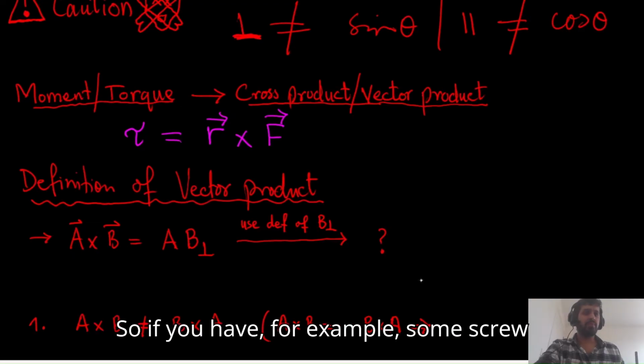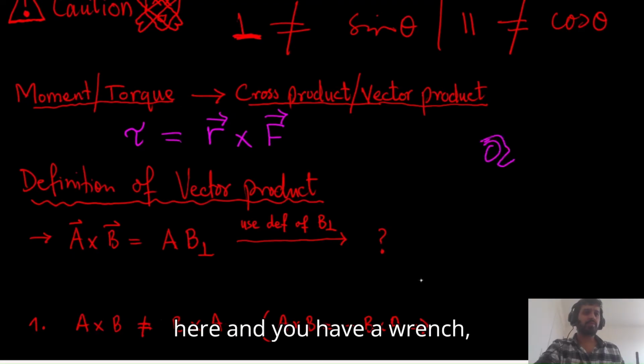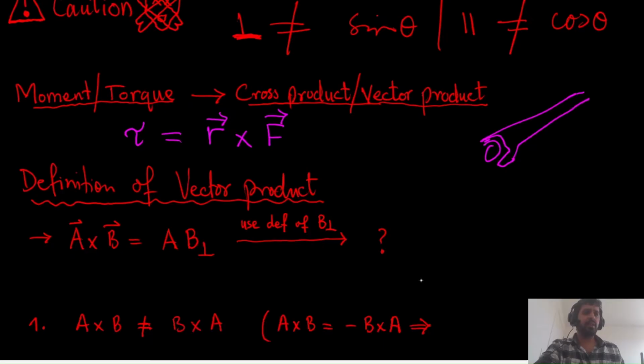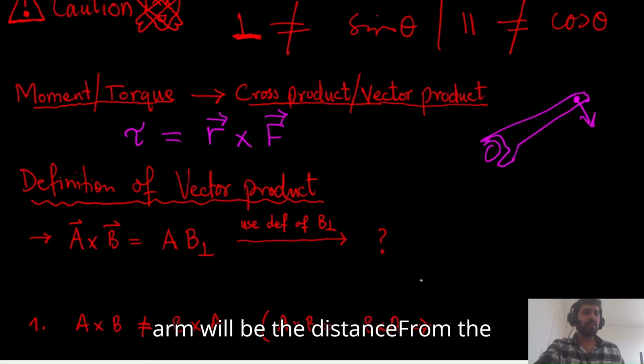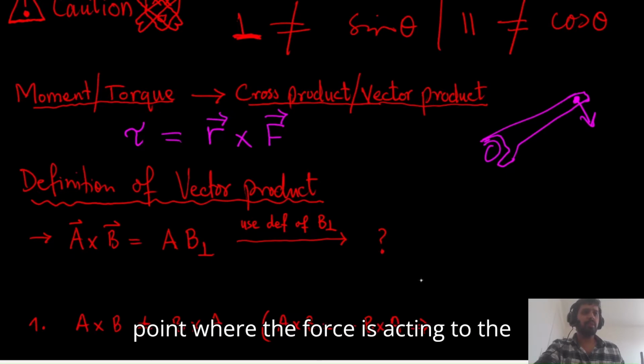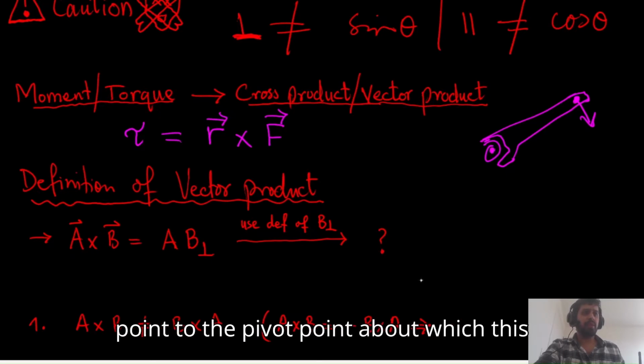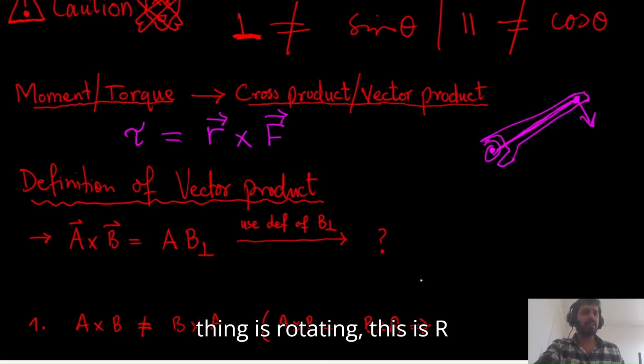So if you have, for example, some screw here and you have a wrench, you apply some force here. So the moment arm will be the distance from the point where the force is acting to the pivot point about which this thing is rotating. This is r and this force is f.